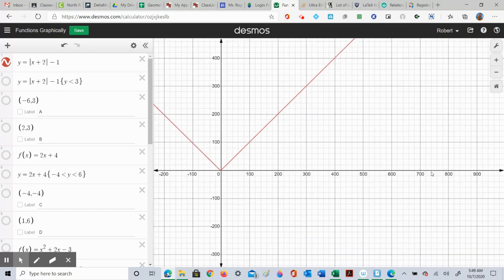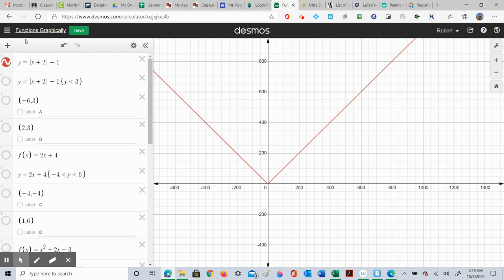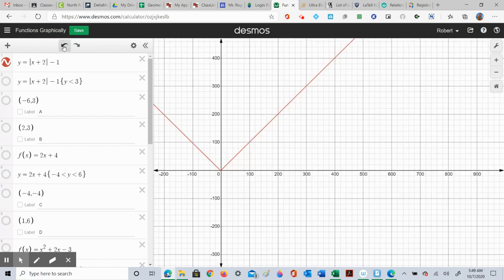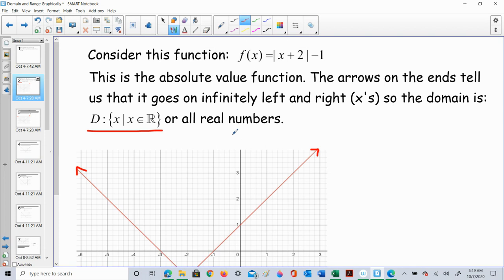Notice the x values all the way to 800, and they would go on that side as well. So it's just showing you that it's all real numbers. All right, that's good. So that's the domain.